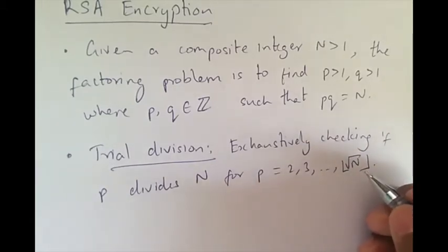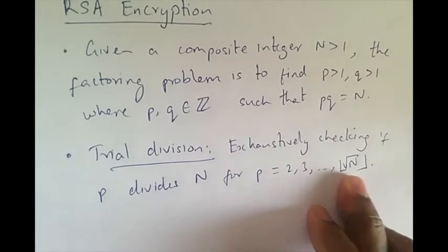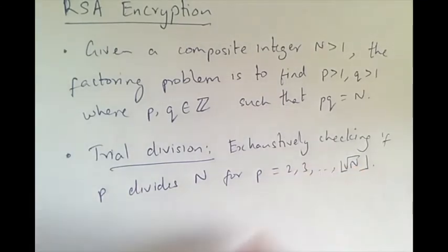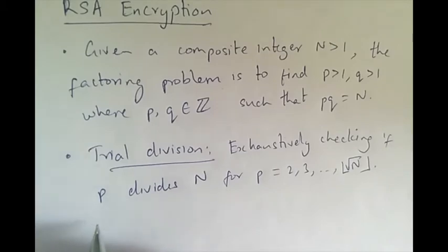So this trial division has a running time which is exponential in the bit length of n. How long does trial division take in the worst case?